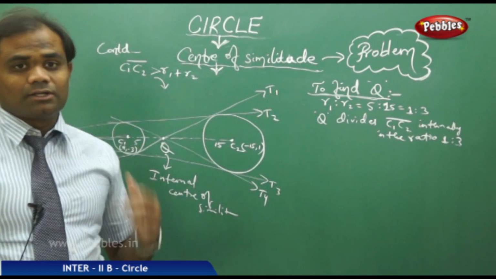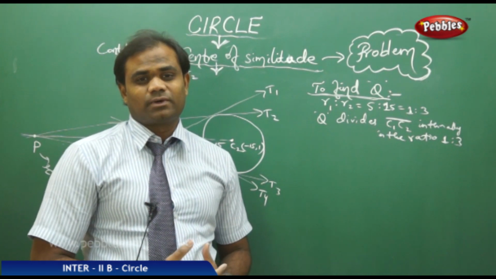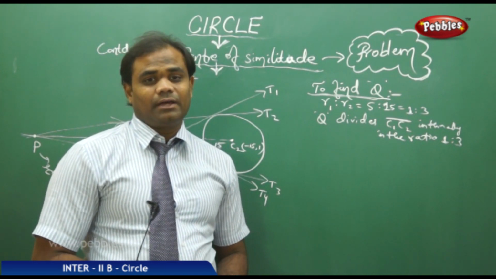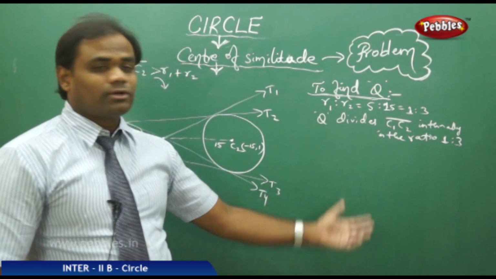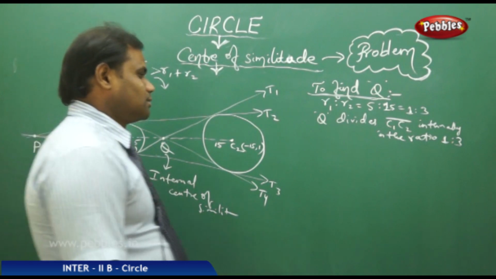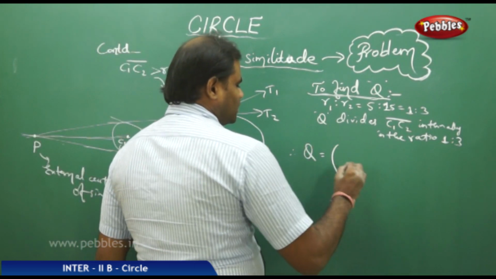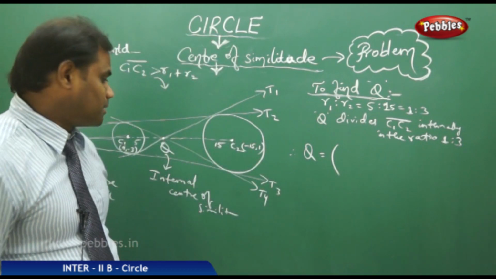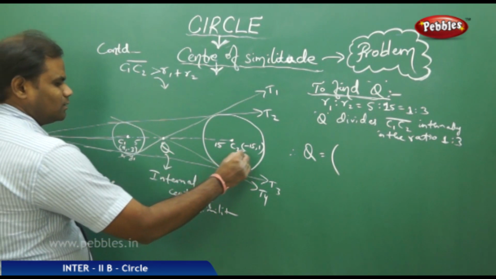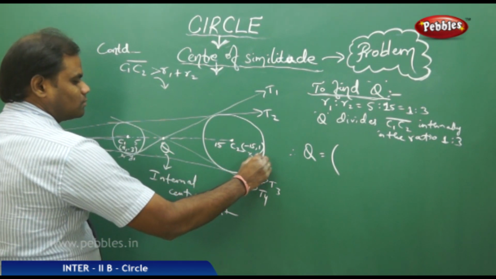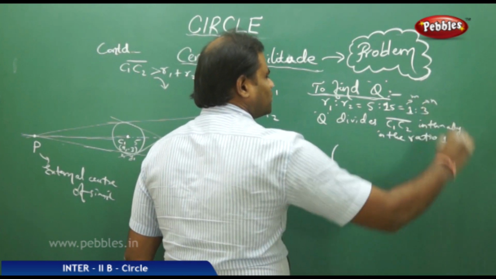We have discussed in coordinate geometry that if a point divides internally in the ratio m is to n, then we have the formula (mx2 plus nx1) by (m plus n), and so on. Therefore, in order to find the coordinates of Q, I use the formula mx2 plus nx1 by m plus n, where this is x1 y1, x2 y2, and this is your m and this is your n.